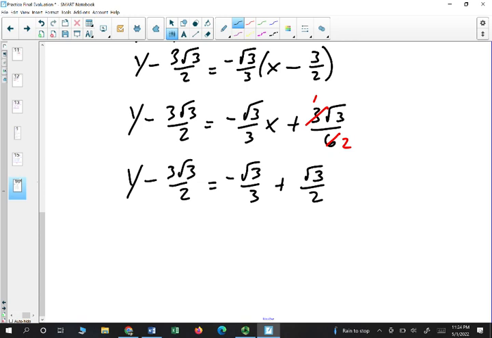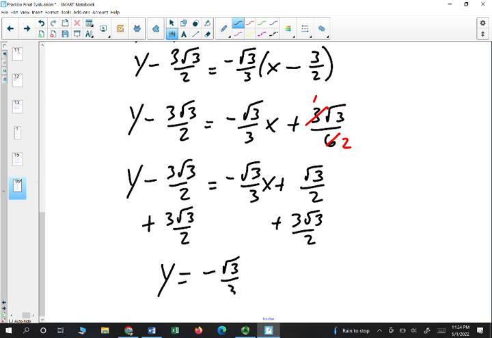Now, last step, we'll just move the 3 root 3 over 2. So we end up with negative root 3 over 3 x plus root 3 over 2 plus 3 root 3 over 2, so that's 4 root 3 over 2.